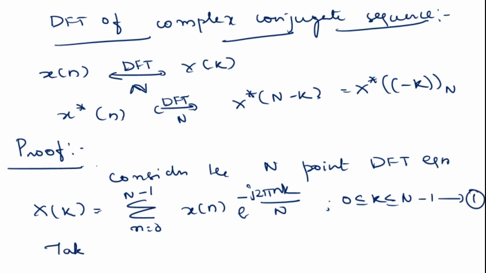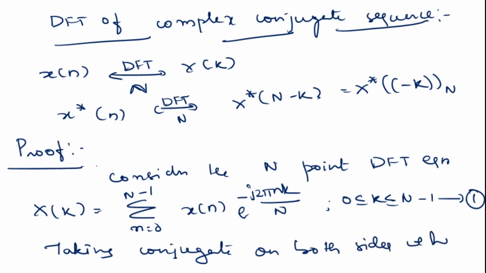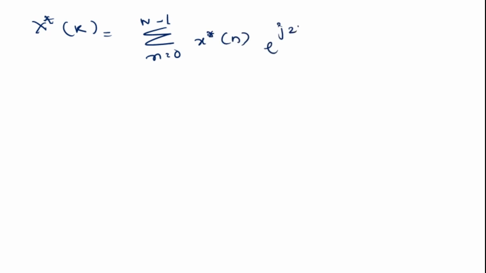Now, taking conjugate on both sides, we have X star of k is equal to summation n is equal to 0 to N minus 1 x star of n into e power j 2 pi nk by N.